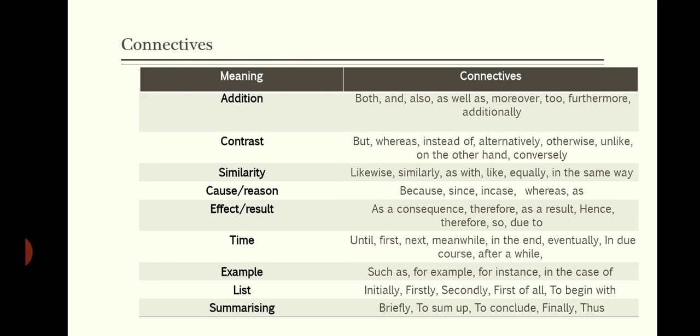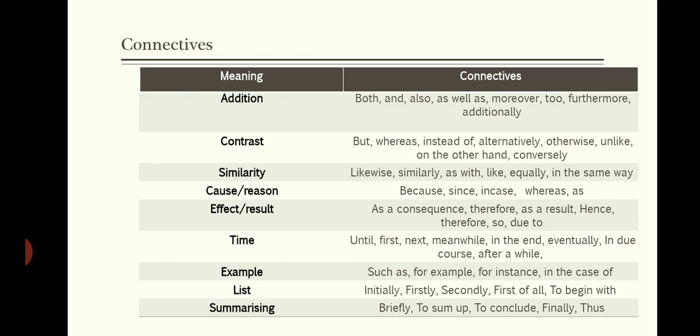So here we have a table and we have the types of connectives according to their function, and I have given different examples. So let us look at the first type, that is to show addition we use certain connectives. Example will be, first one is both. So when do you use the word both? We use it to talk about two things or people.